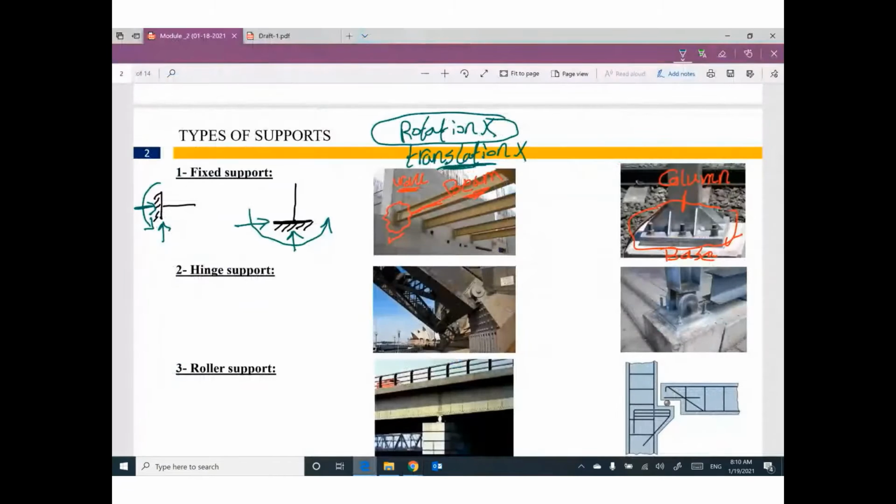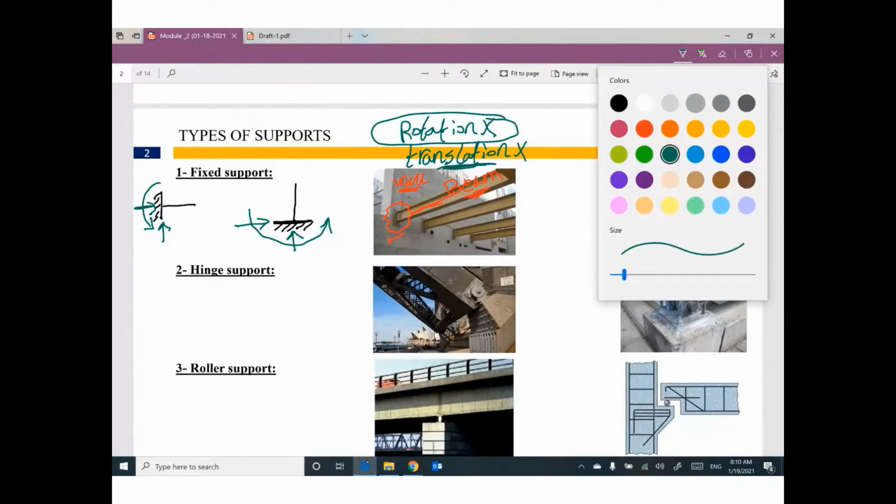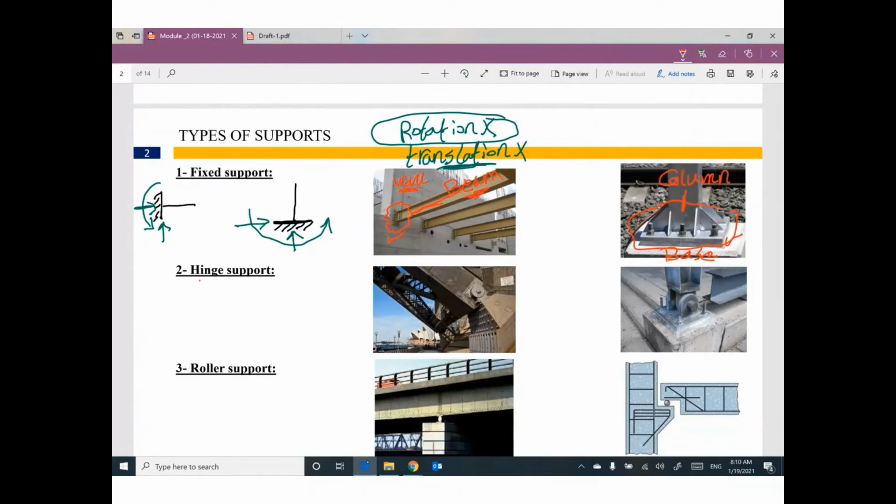Okay. The second type of support is called hinge support. This bridge is hinged to this base. So this connection can be represented as hinge support. This column is supported by this base by this hinge.